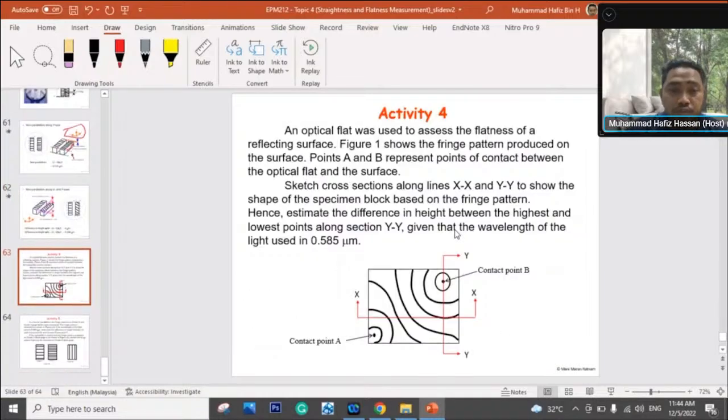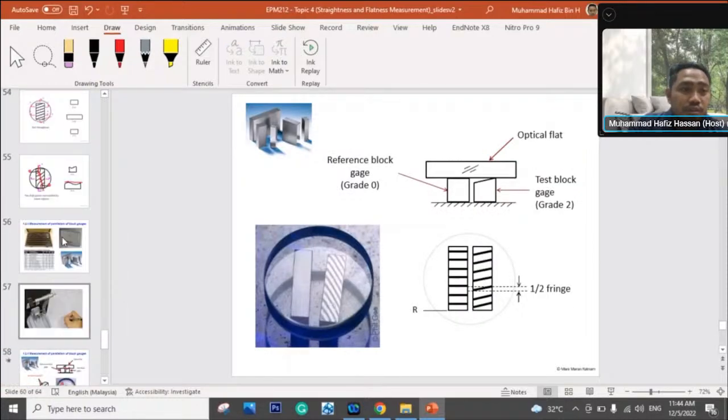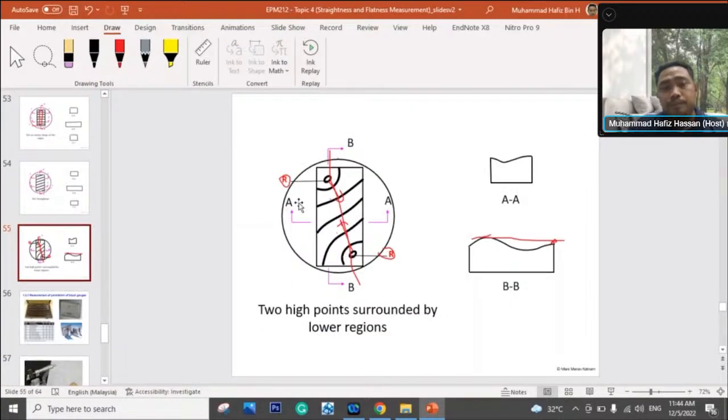So you have to see how you will identify the number of fringe for contact A and contact B. Of course, the contact point is zero, the higher one. You have to imagine it. I will give an example according to this, and hopefully you will understand it.